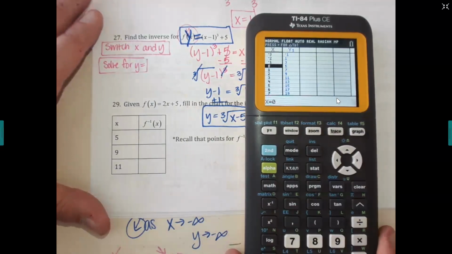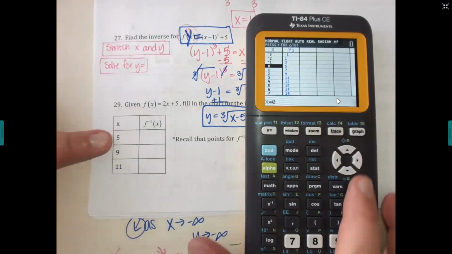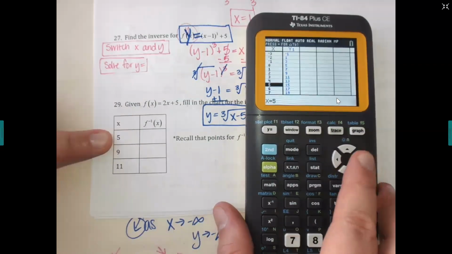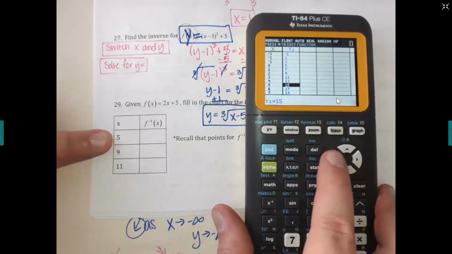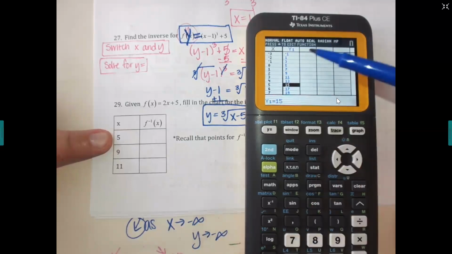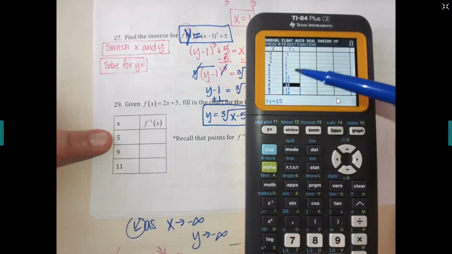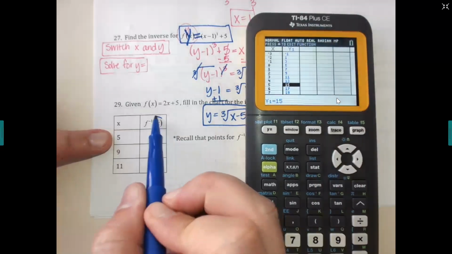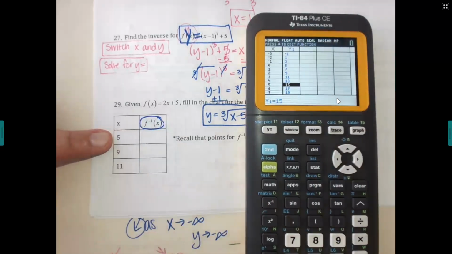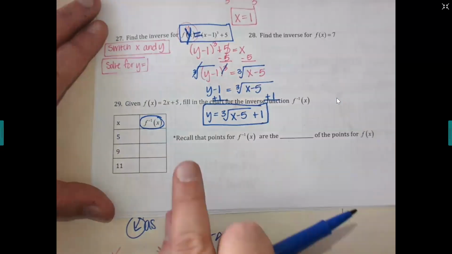Okay, from here, should I look up 5 and then put 15? Should I do that? No, because this is f of x. And what chart am I trying to fill in? The inverse. And what's the order for f and f inverse tables? They should be flipped.